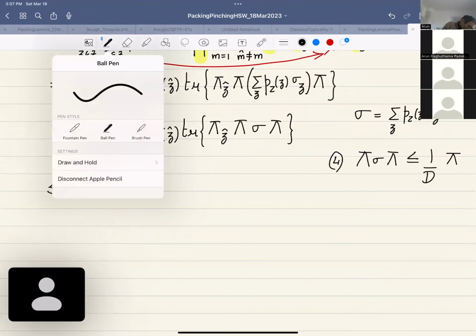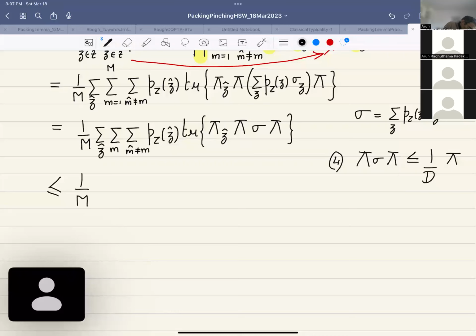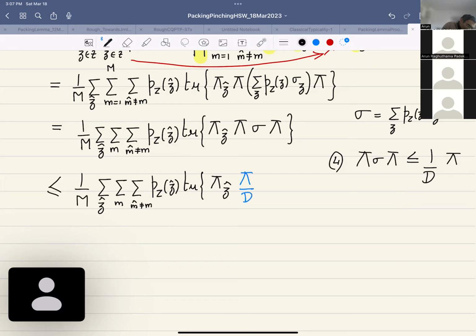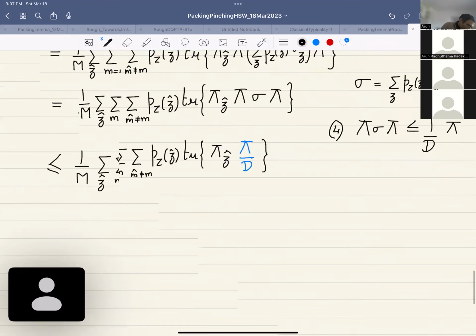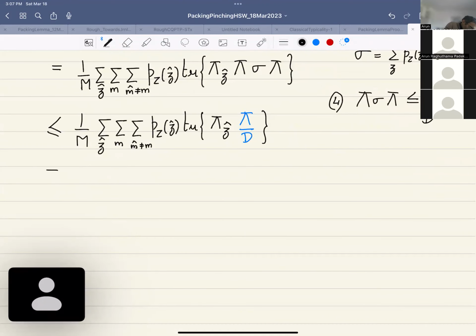So I have 1 by M, sum over Z hat, M hat not equal to M, PZ of Z hat, trace pi Z hat times pi by D. D is a constant, so I can pull it out of the summation.